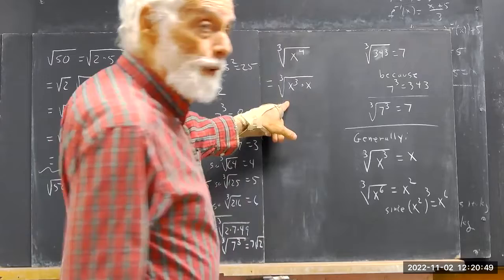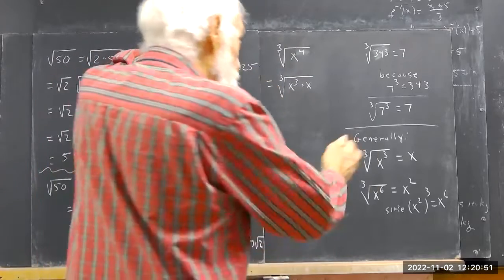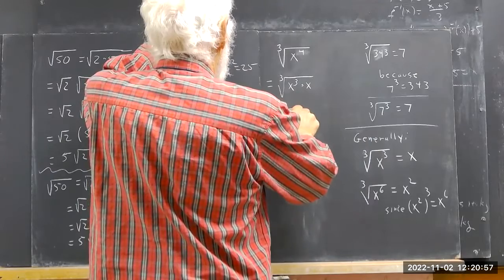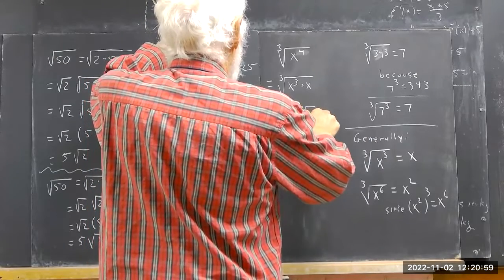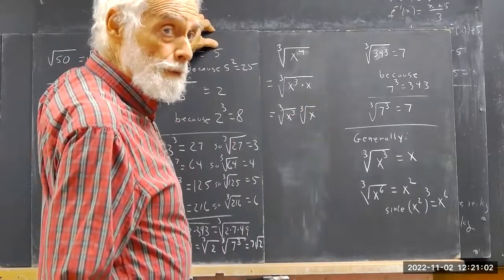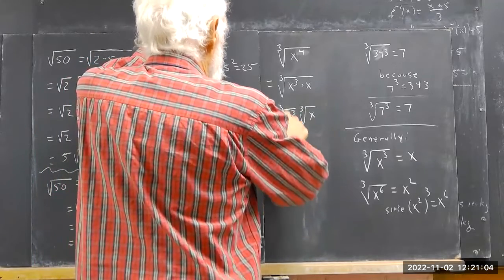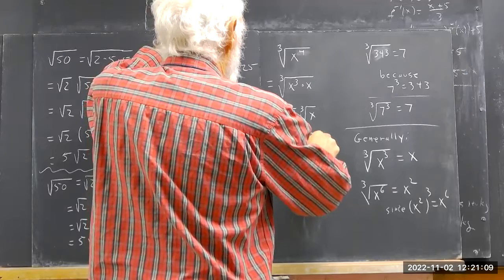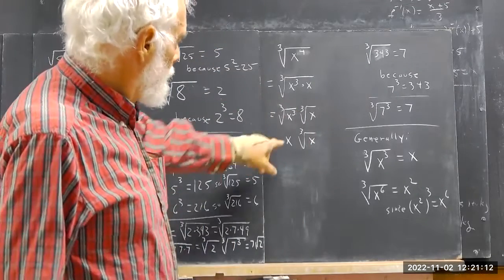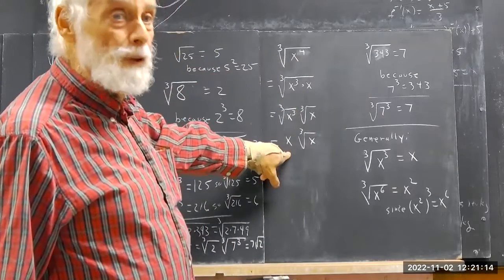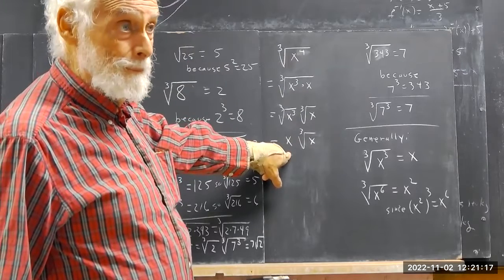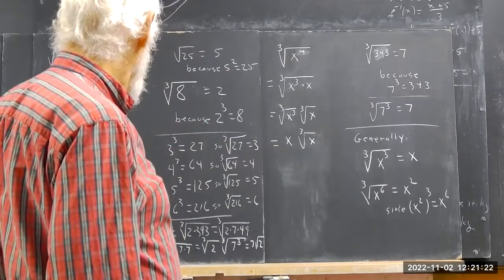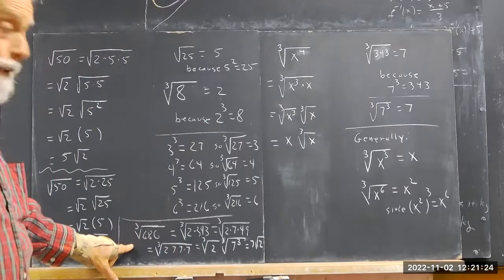And we can simplify the cube root of x cubed. You get this. The cube root of x cubed is x. So we've got this in somewhat simplified form. Make sense?